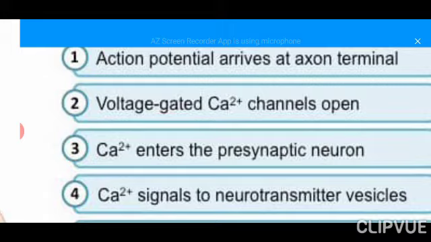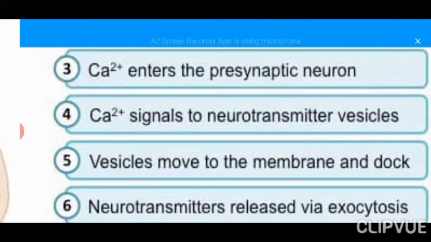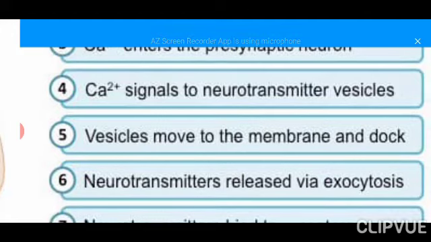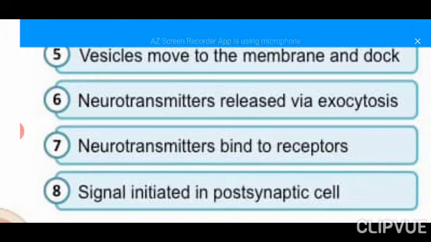Number three, influx of calcium into the presynaptic neuron. Number four, calcium signals to the neurotransmitter vesicle. Number five, vesicles move towards the presynaptic membrane and docking takes place. Number six, release of neurotransmitter by exocytosis. Then number seven, binding of the neurotransmitter to the postsynaptic receptor.